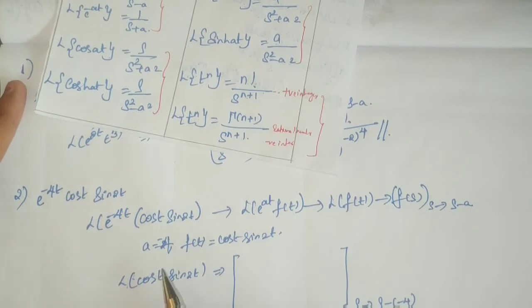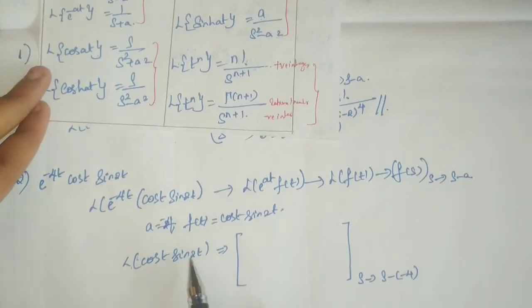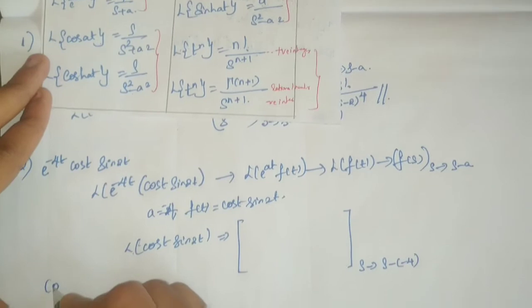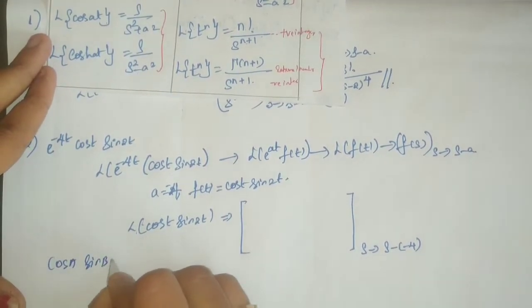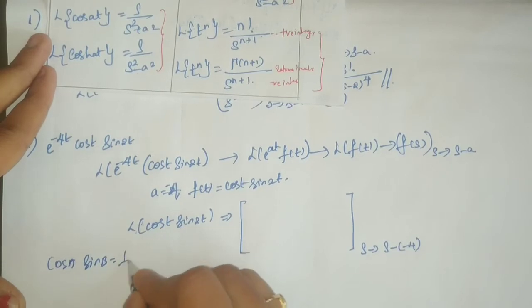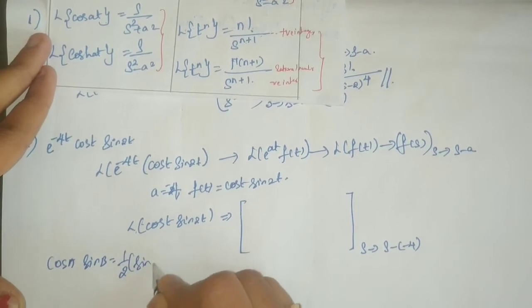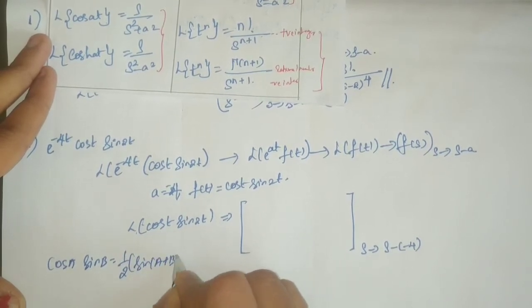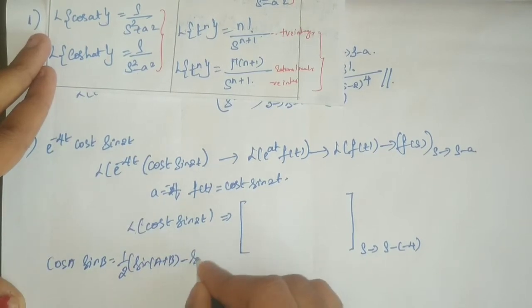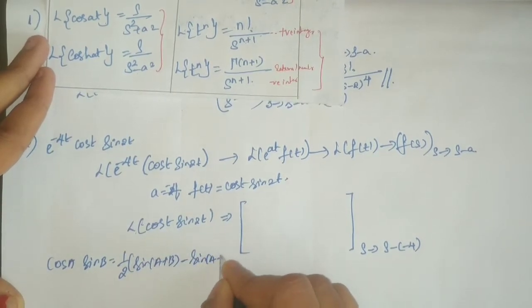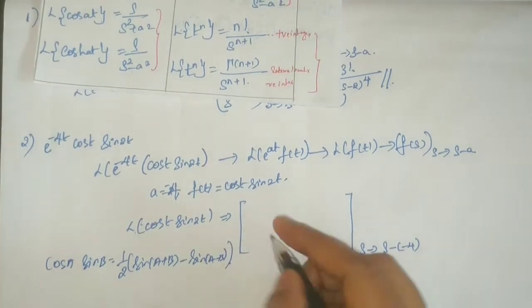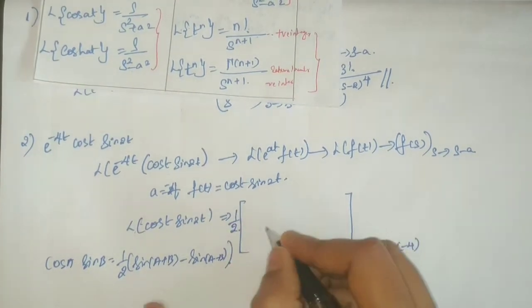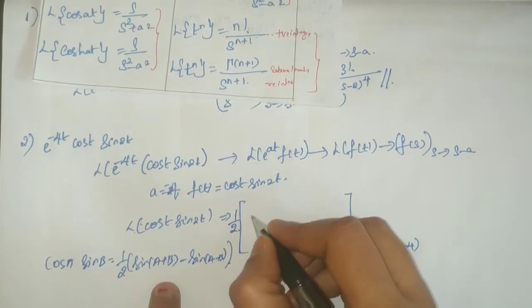Here you can see it is a product of functions and we can treat this as cos A sin B, or you can write sin A cos B. So it is half of sin(A plus B) minus sin(A minus B), since I have taken cos first. I am going to use this formula. So 1 by 2 is a constant, I will keep it out.